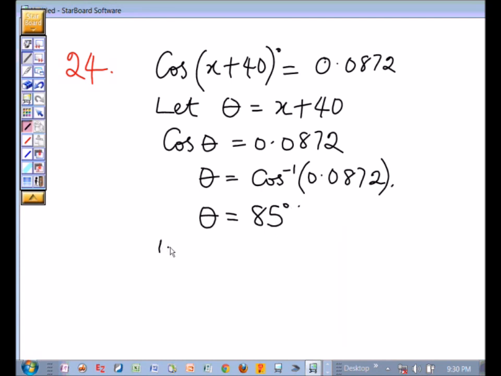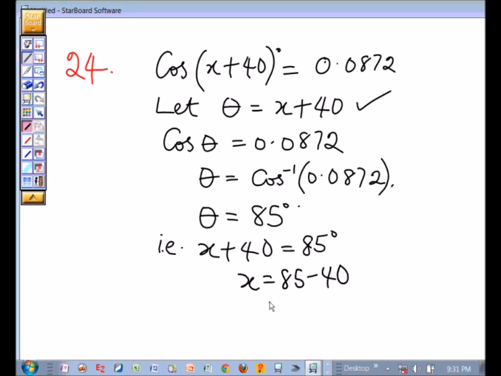Recall that we had said theta is x plus 40 degrees, and therefore it is this x plus 40 degrees that we equate to this 85 degrees. Therefore our x is going to be 85 minus 40, and that of course is going to give us 45 degrees, and that is the value of x.